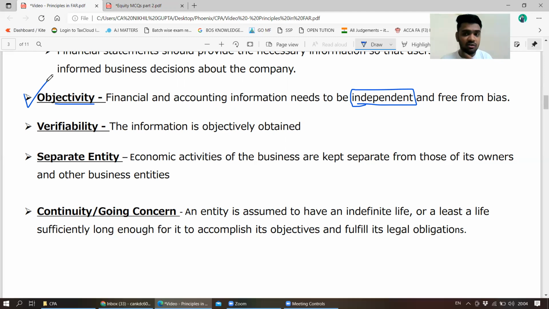I hope, friends, you understood that verifiability will improve the objectiveness of the statement, and ultimately, with that help, we can achieve proper consistency and full disclosure of the financial statements. Friends, these principles are also supported by the basics of management responsibility. You will learn those things in your auditing subject. Guys, just stay connected for the same.